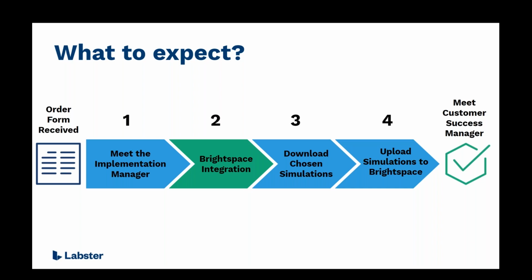This admin will then connect LTI keys from Brightspace to Labster, and from there, your implementation manager will reach out to you to schedule a training session. They will show you how to download the simulations and how to upload them into Brightspace. After that, you will be introduced to a customer success manager. So this is the high-level overview of how the process will go.